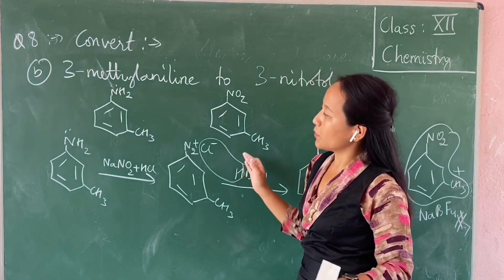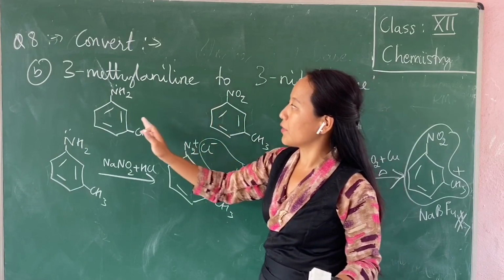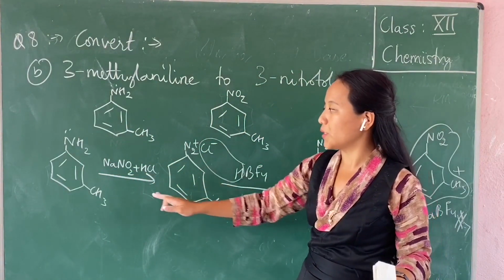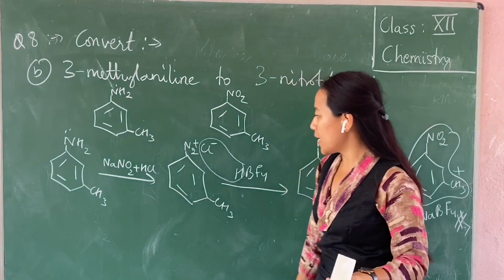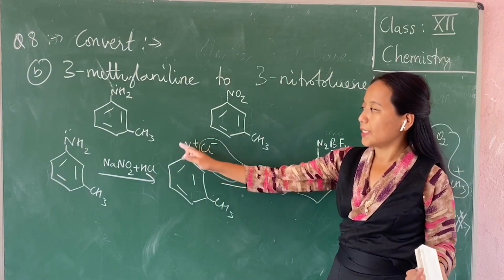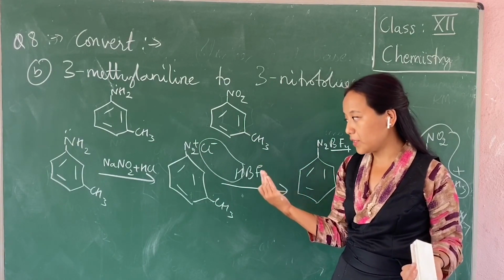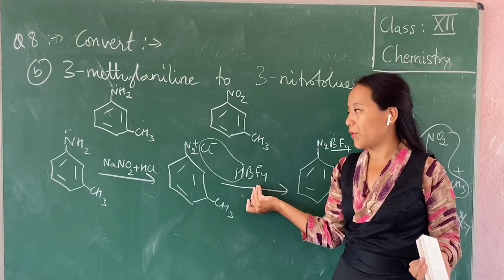3-methyl-aniline. So what we have done is, first we have converted NH2 to a diazonium salt by treating it with the diazotization reagent, and then to replace N2 by NO2, you have to remember the reagent, and first thing we have to use is fluoroboric acid.